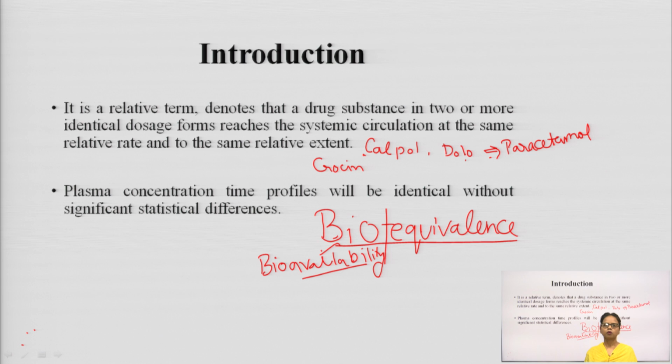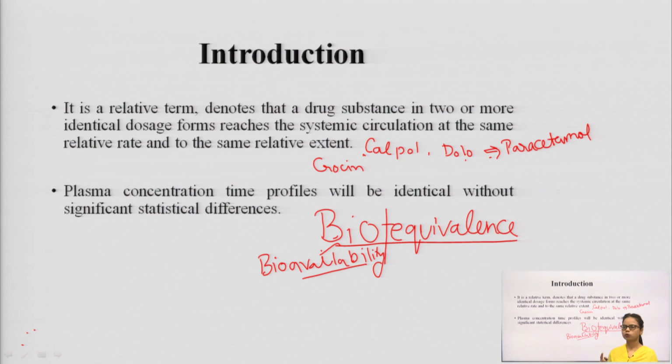So in a bioequivalence study, we can study these three drugs which contain the same drug paracetamol. We can compare the bioavailability of Crocin, Calpol and Dolo inside humans. What is our aim in comparing these three drugs?